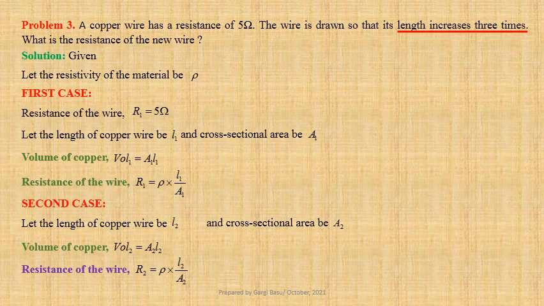Therefore, L2 equals 3 times L1. Since vol1 equals vol2, A1 into L1 equals A2 into L2. Therefore, cross-sectional area A2 equals L1 by L2 into A1, that is equal to 1/3 A1.